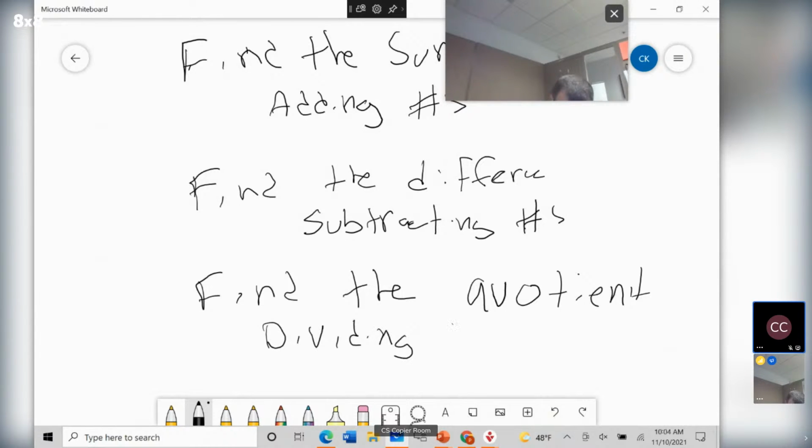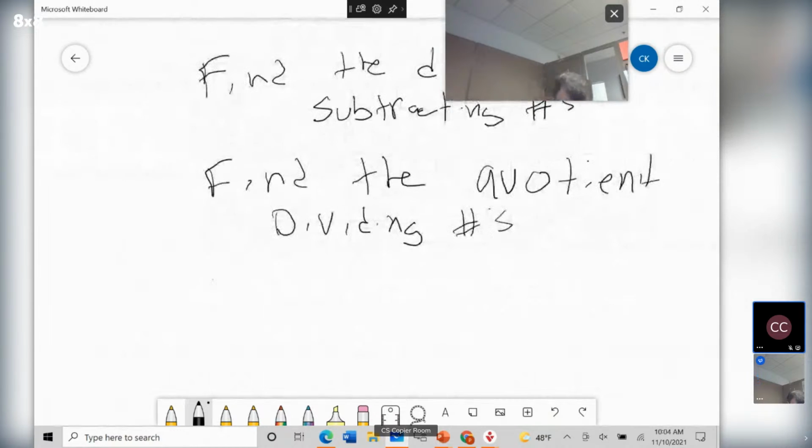Okay, so we have so far the sum, which is adding, difference is subtracting, find the quotient is dividing, and the last one you might see in a word problem is find the product.